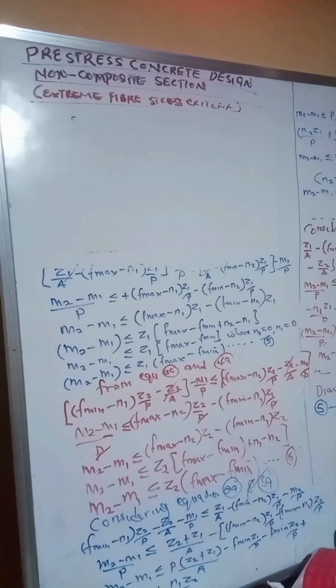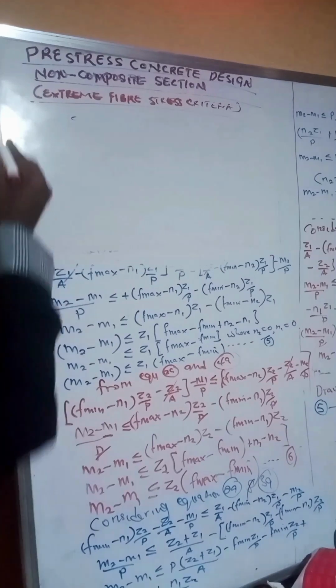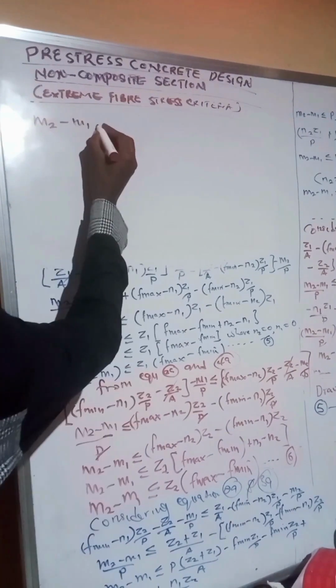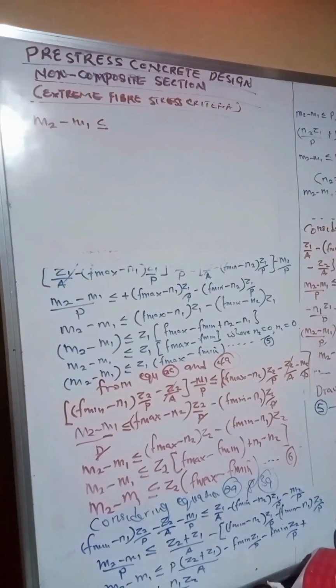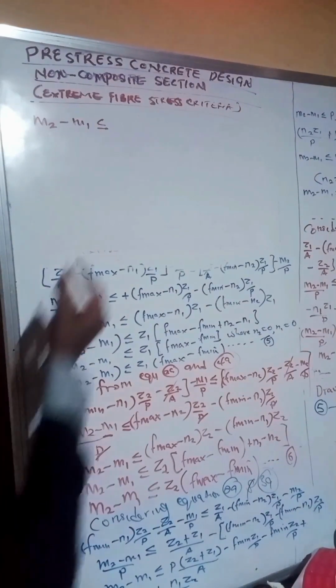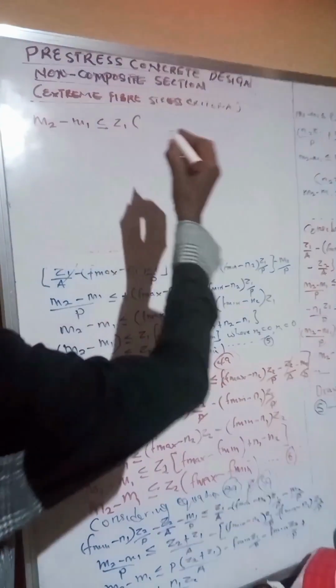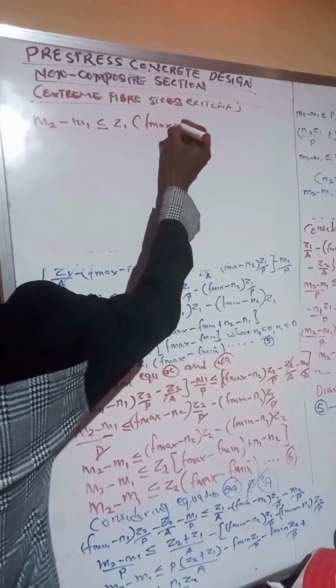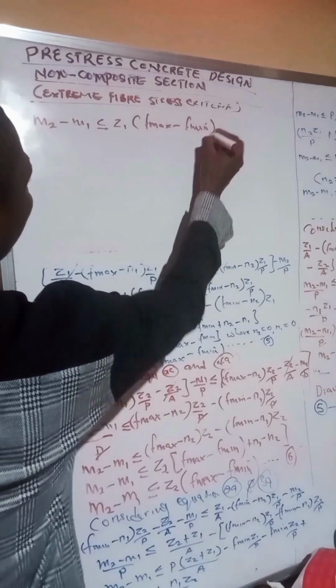What we're going to do is to draw the graph of equation 5 to 8. But before we do that, let's rewrite the equations from equation 5 to 8. Let's start with equation 5. We have equation 5 as m2 minus m1 is less than z1 bracket f maximum minus f minimum.